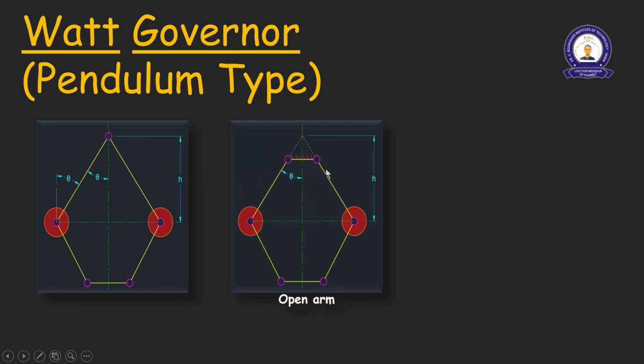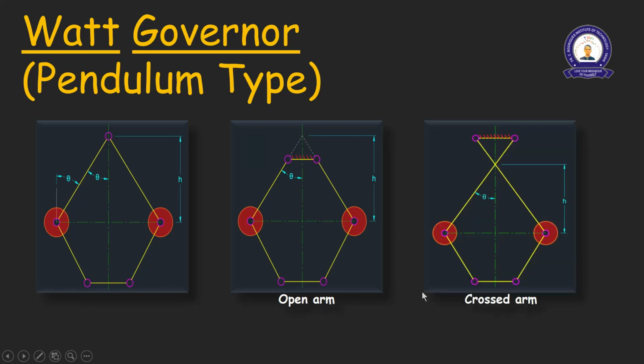If you see, the intersection of the arm and spindle axis actually happens above the actual connection. That is called the open arm type Watt governor. And the third possible type is where the rods are connected by crisscrossing, and they are connected above the intersection with the spindle axis. This type is called crossed arm.